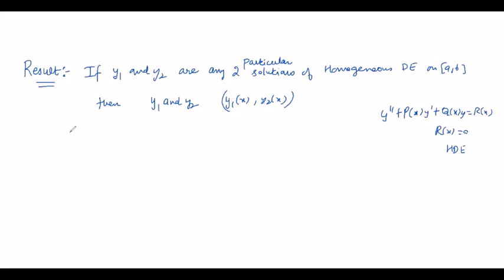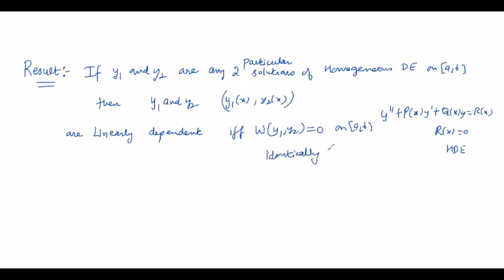Then y1 and y2 are linearly dependent if and only if the Wronskian of y1, y2 is 0 on AB. Actually the word used is identically 0, right? So the Wronskian will be 0.